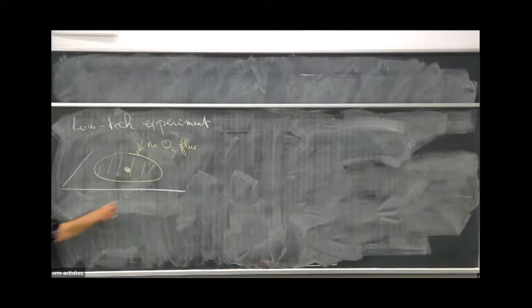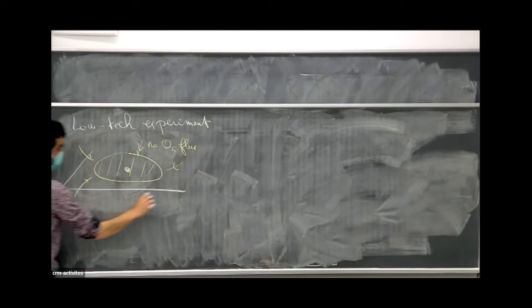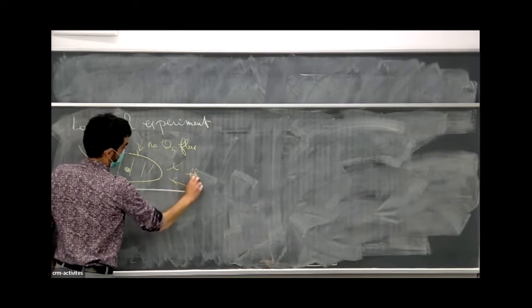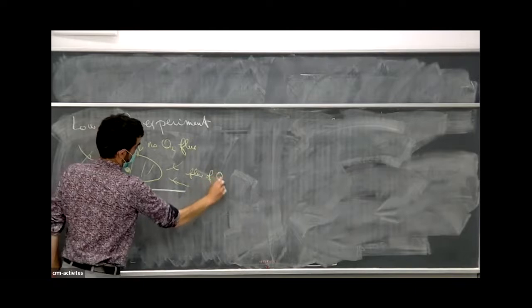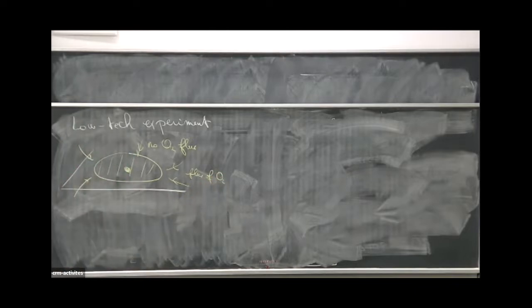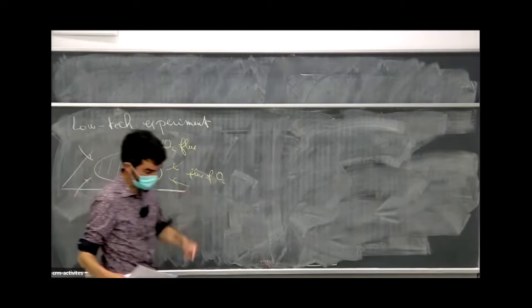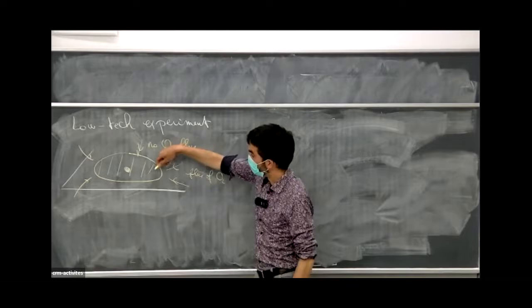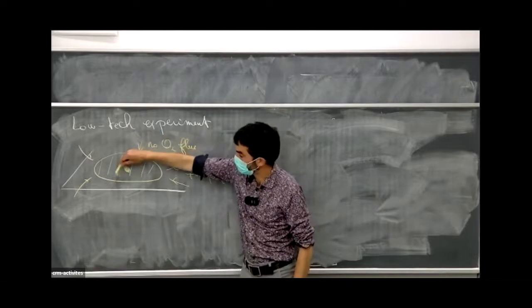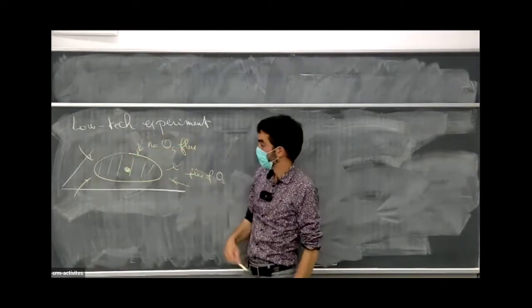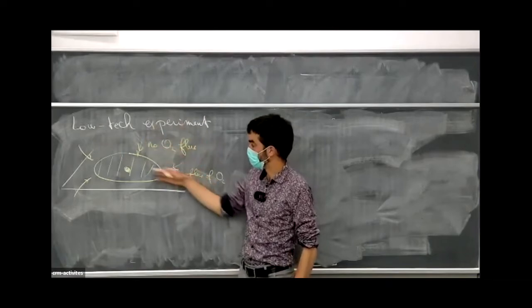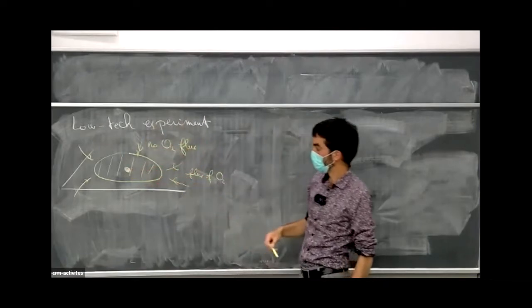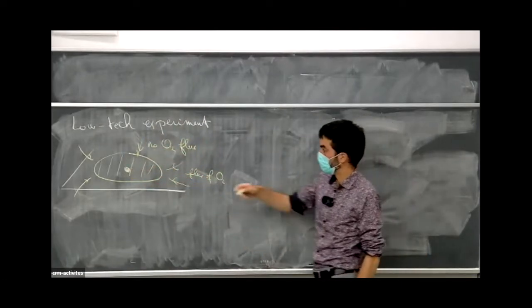So oxygen will certainly flow from the lateral. And what will happen after some time, the Dicty cells, the colony is growing, they will consume all the oxygen around, and because there is no flux from the top, it will very soon become limiting.